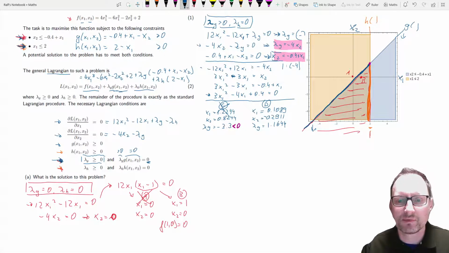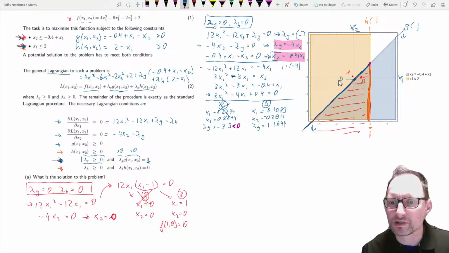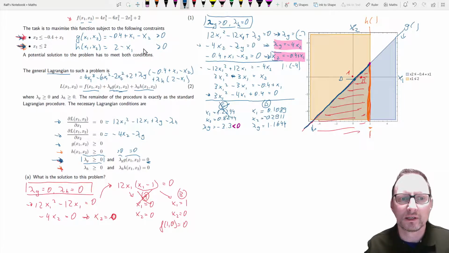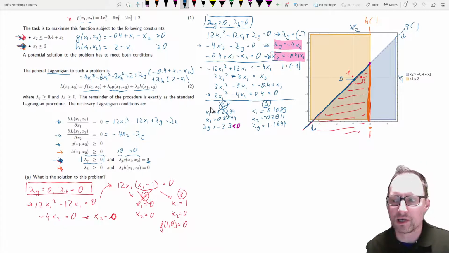So let's see where in the graph that point is. The point is 0.1 and negative 0.2. So it is somewhere here. It's this point here. That point here is D. Now clearly it's inside the H constraint, and of course you can plug in the point into the H constraint and you can find out that it is still larger than 0.